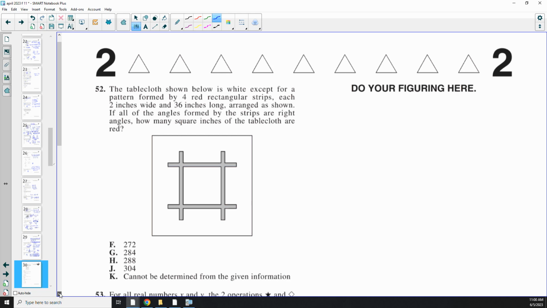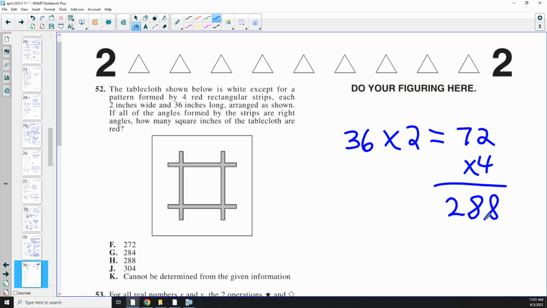Oh boy. The tablecloth is 4 by 4, each strip 2 inches wide and 36 long. So each one of them is 36 times 2, which is 72 for the area, right? And there are 4 of them, so 288. Not so fast. There are some overlapped divisions that I am counting twice.